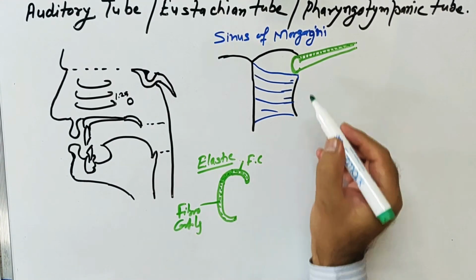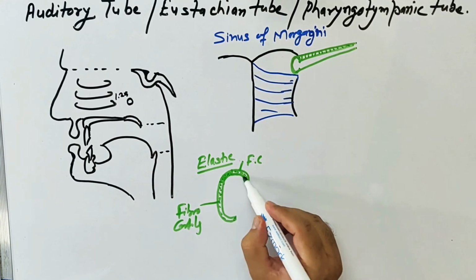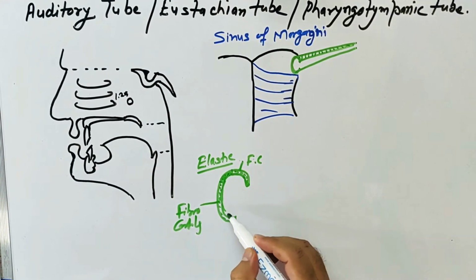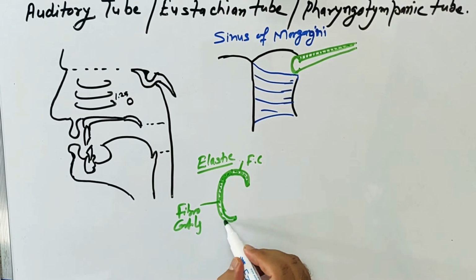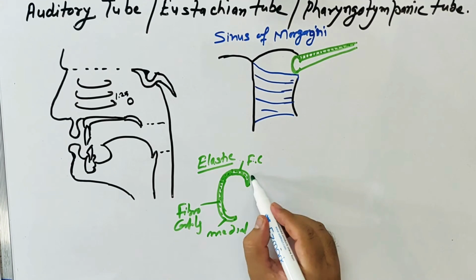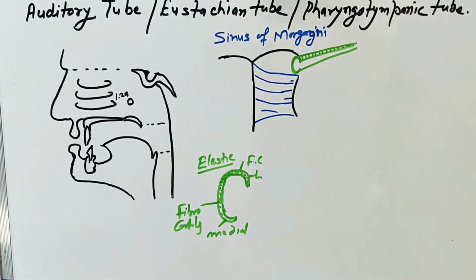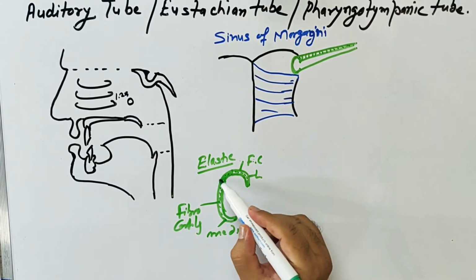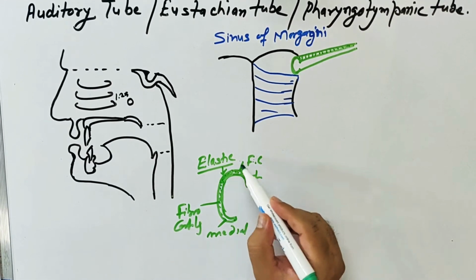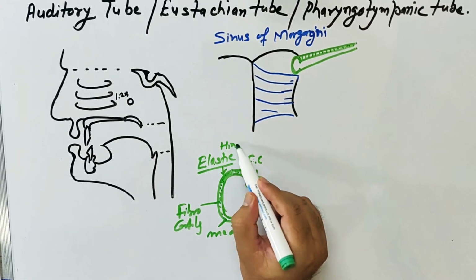This part forms the lateral lamina, and this part is the medial lamina. In between these is the elastic hinge.